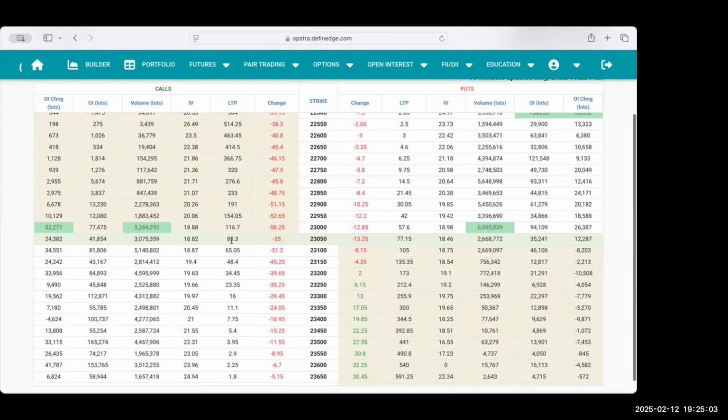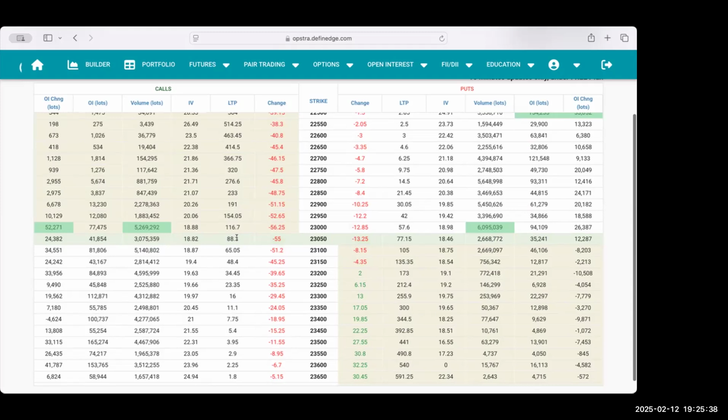If at 88 rupees you sold that call, you invested upfront 1,90,000 rupees. If this becomes 90, your stop loss is very small because your capital is so big. That is why when this becomes 0, 88 into 75 is about 6,000.